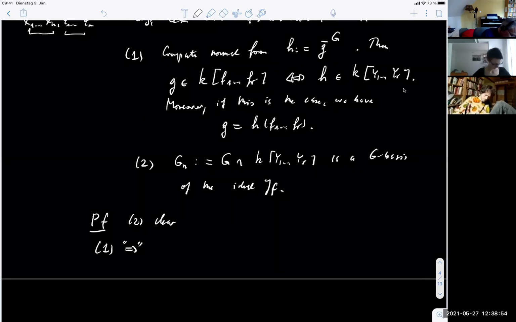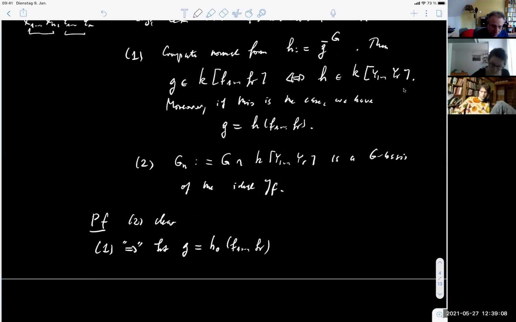Let's assume my G is in the subalgebra. I can express it this way with some polynomial H0. I will show H0 equals H, but at the moment this is not clear. H0 is a polynomial in the Y variables. I use this abbreviation.